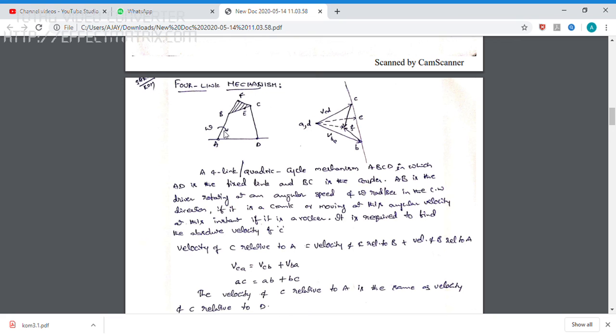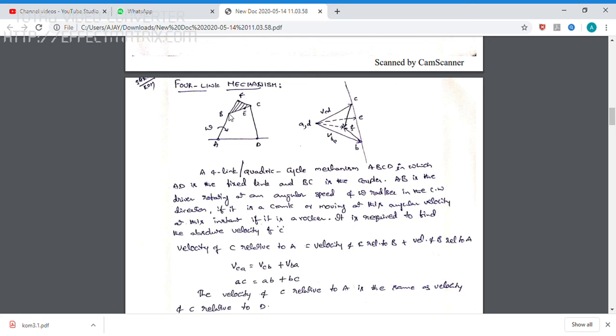You know the angular velocity of this link AB, omega radian per second. Now you calculate the linear, relative velocity of B with respect to A, that is VBA is equal to R omega. R is nothing but AB into omega. By using this relation, you calculate VBA. Now, the VBA line is like this.